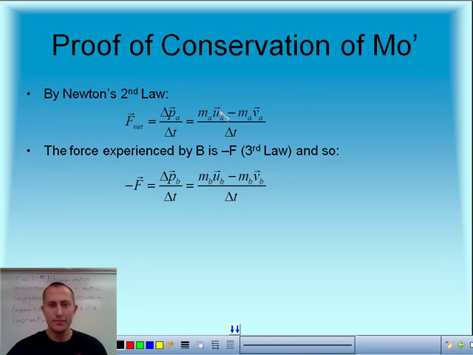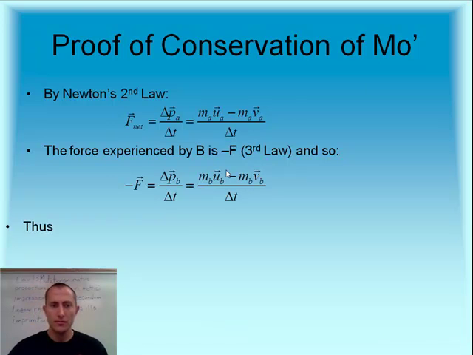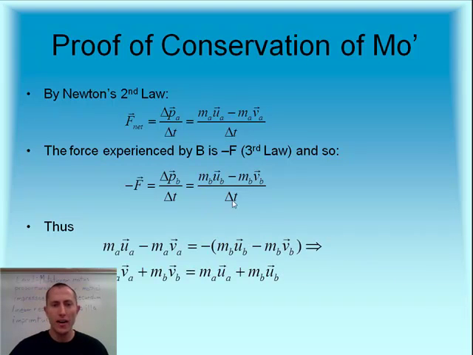And again, mv minus mu for B. And so these two forces are going to be equal to each other, and so we can set them equal to each other. And what we find is that since the time over which the force is exerted is the same, the times can cancel out.